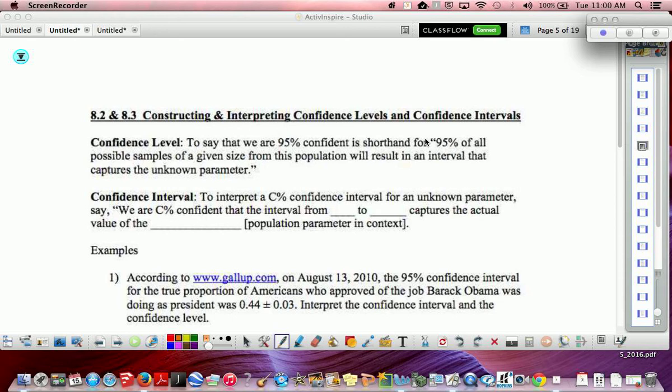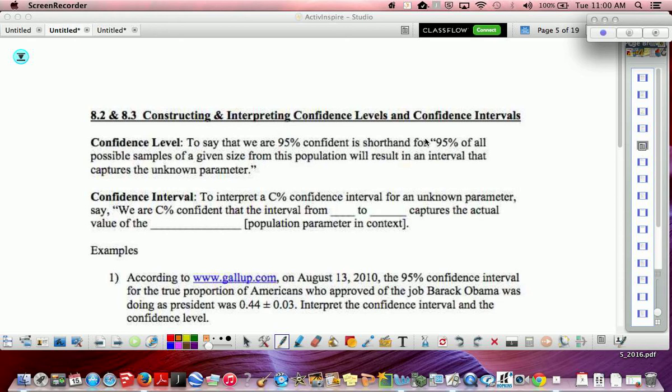And then we're going to talk about some of the pieces and some of the things you need to do when constructing a confidence interval. Tomorrow in 8.3, we'll put it all together and show you the 4-step process when doing any type of confidence interval.